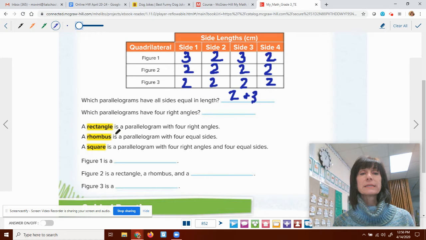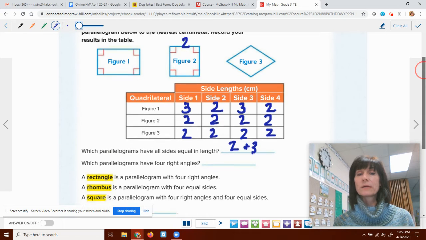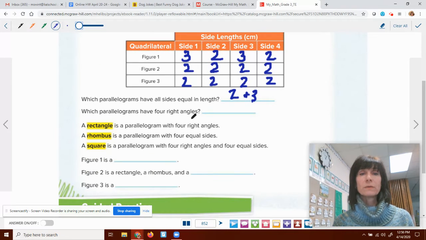A rhombus is a parallelogram with 4 equal sides. So, I'm sorry, let's go back up here. Which parallelograms have 4 right angles? If I take a look, 4 right angles would be figure 1 and figure 2. I could tell by the symbols that are in the corners. So that would be figures 1 and 2.